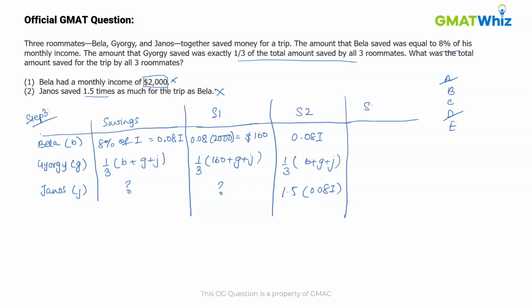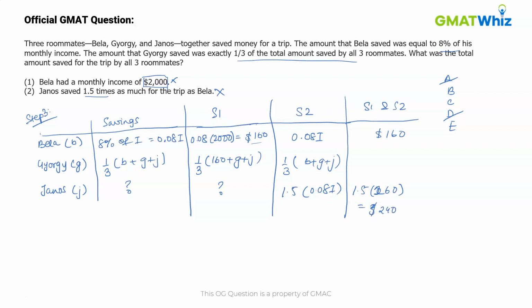Now from statement 1 and 2. From statement 1 we can get the value of Bela's savings to be equal to $160, and then the value of Janos' savings will be 1.5 into 160, which will be equal to $240.